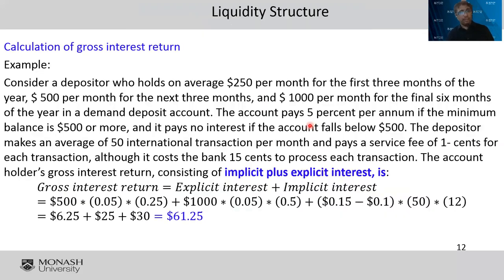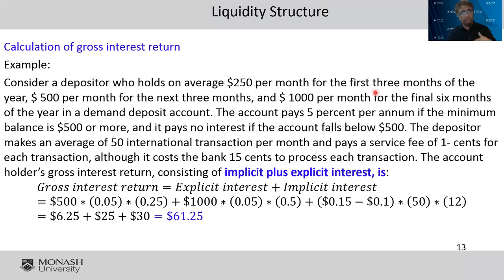Now this is another problem. It's an interesting problem because they want you to calculate the implicit and the explicit interest. This account is like a saving account, 250 per month for the first 3 months.